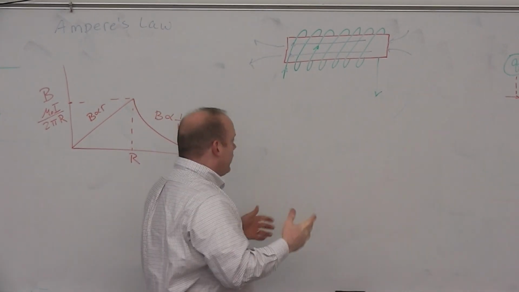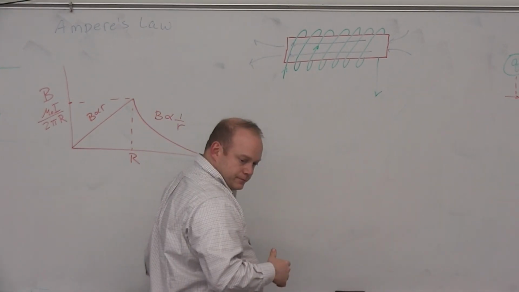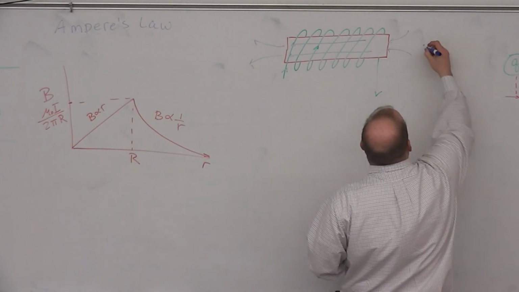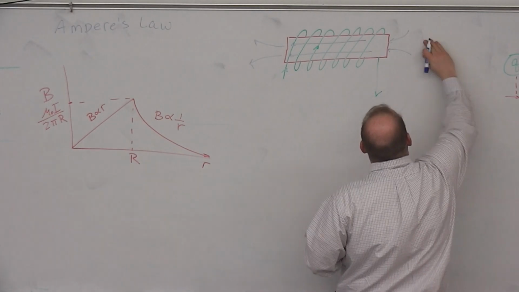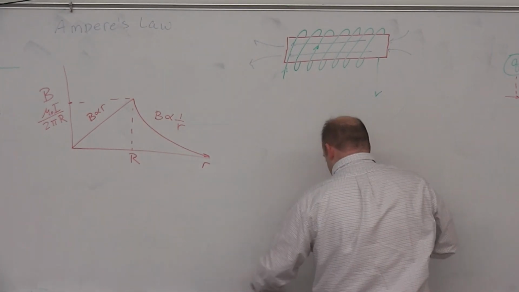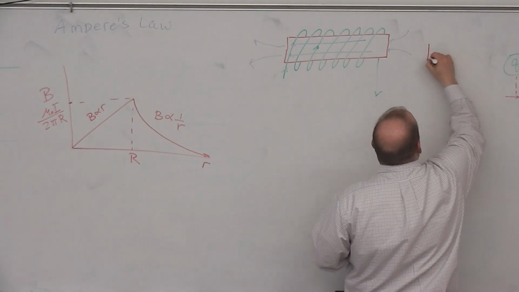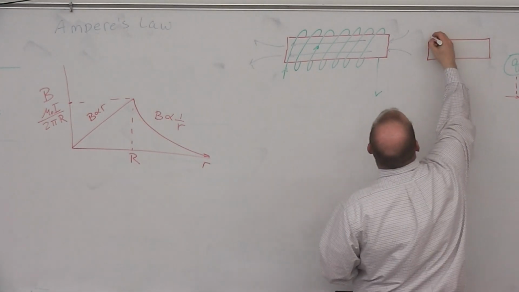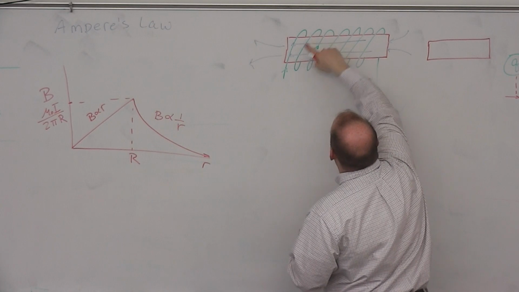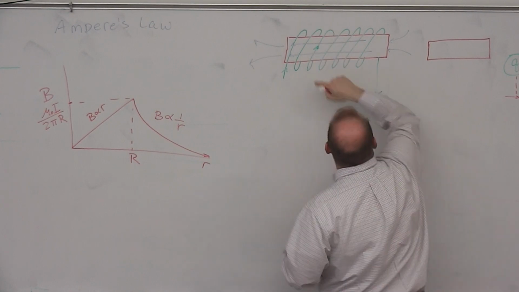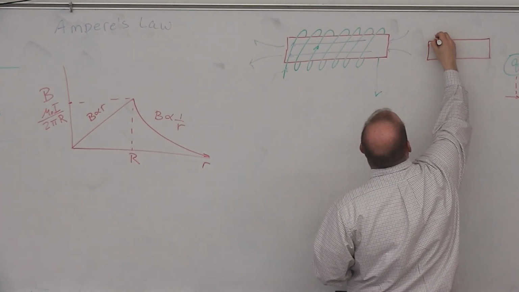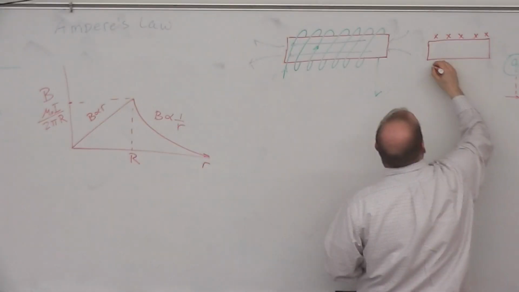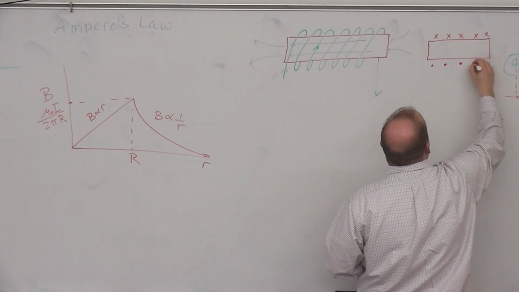So if I looked at this in cross-section, where I had our solenoid here, if I cut this across, you're going to have the wires here, the current's going into the page up here, so I've got X's up top, and I have dots down below.